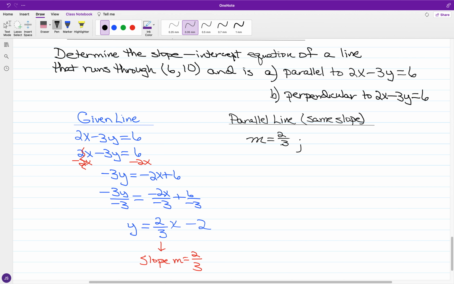And creating the pathway to the slope-intercept equation, we're going to go through the point-slope equation route, and the point through which the parallel line passes. Again, we have it at (6, 10).